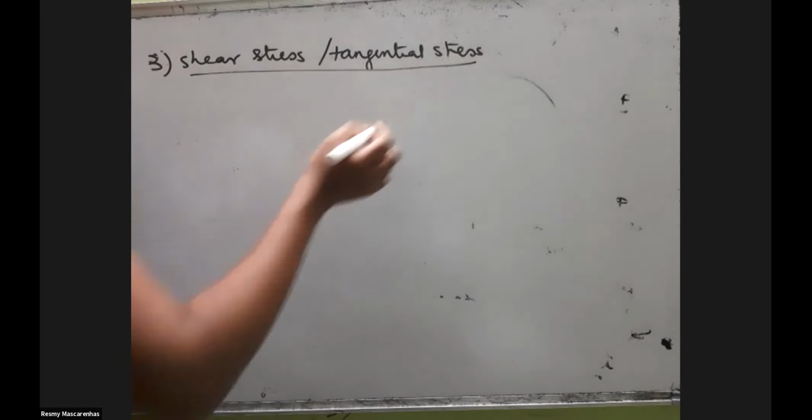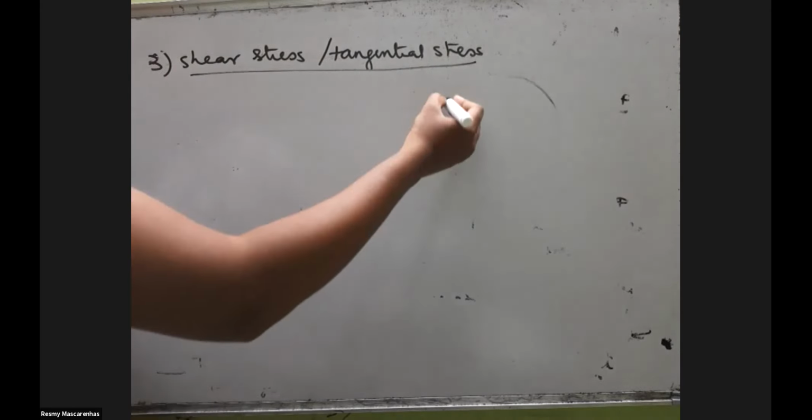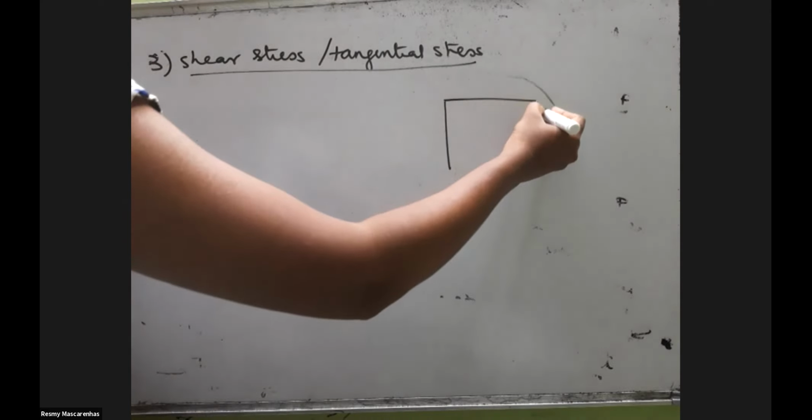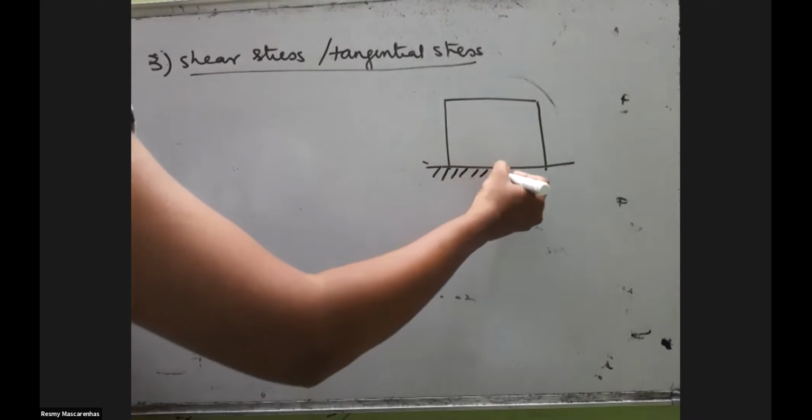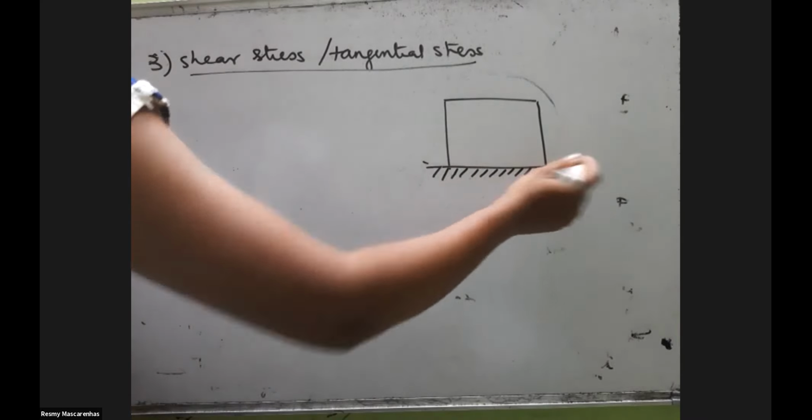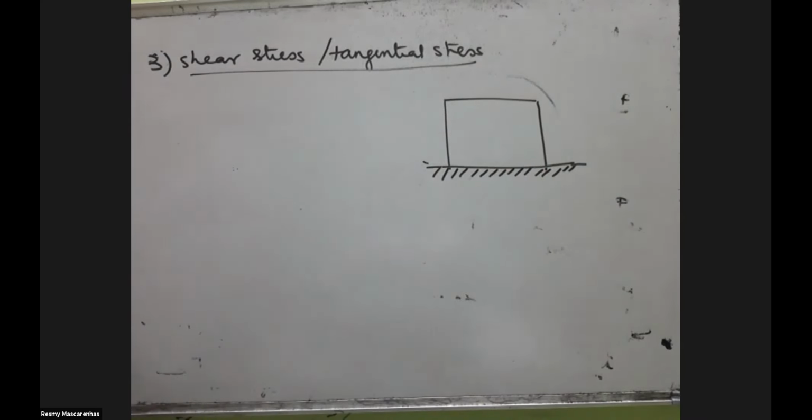Let me show you the diagram first. Suppose you have a box and this face is fixed. One of the faces of the box is fixed to the surface. That will not move. That face cannot move.